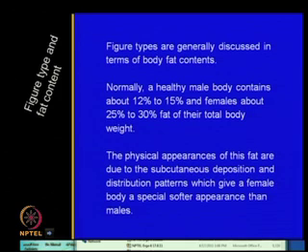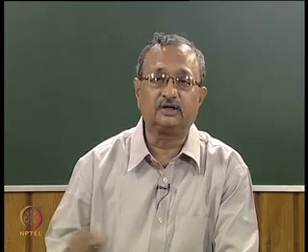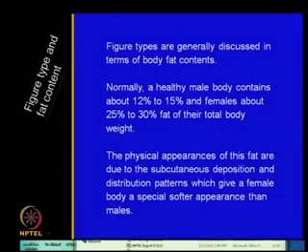Now, figure types mostly depend on the fat content. Figure types are generally discussed in terms of body fat content. Normally, a healthy male body contains about 12% to 15% body fat and females about 25 to 35% fat of their total body weight.